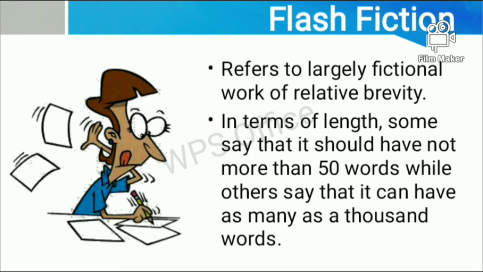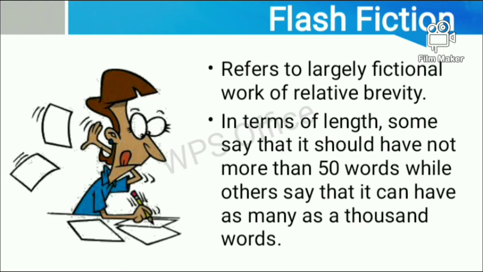Okay? And in terms of length, some literary piece writers say that it should have not more than 50 words, while the others say that it can have as much as 8,000 words.